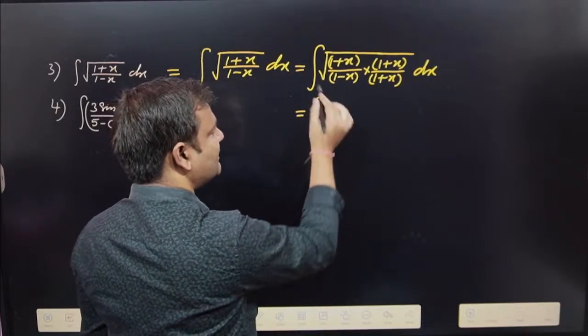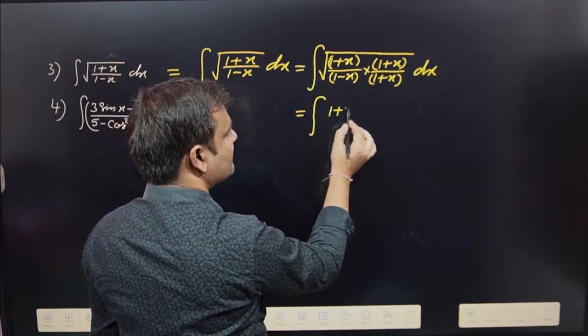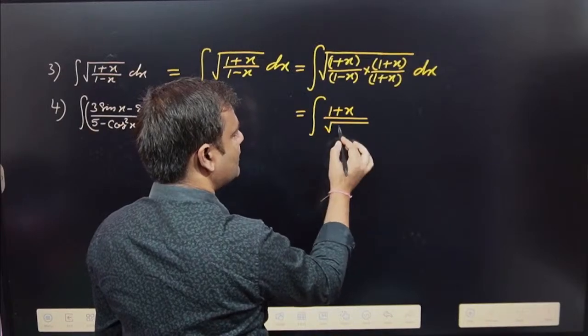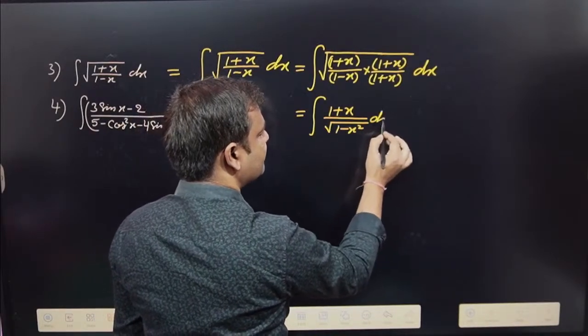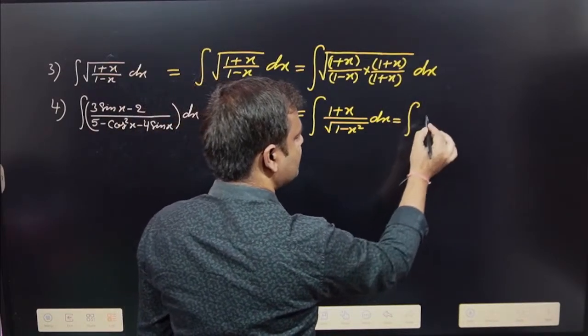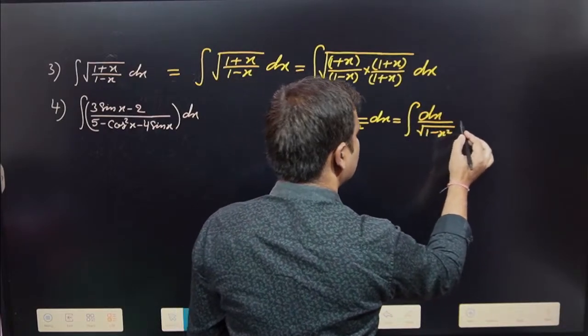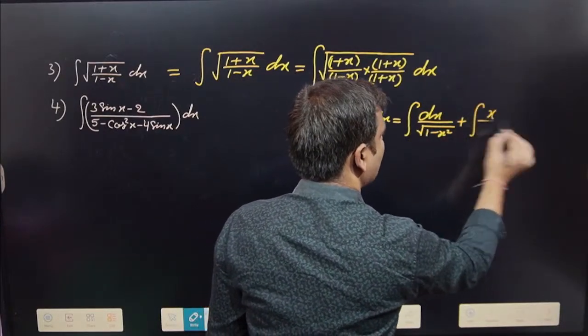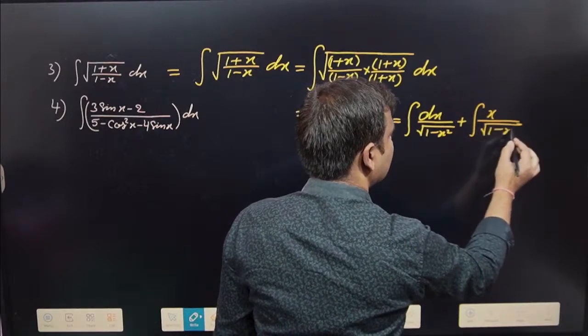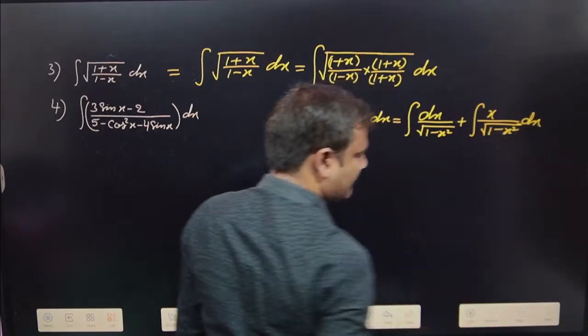So that part is written 1 plus x upon under root 1 minus x square dx. So dx divided by under root 1 minus x square plus x upon under root 1 minus x square dx.